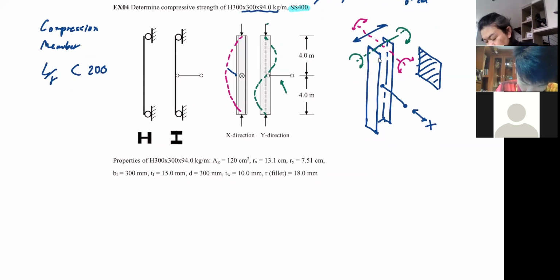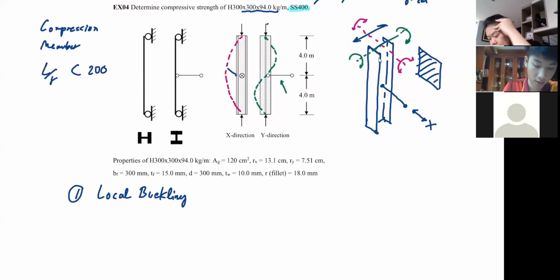Okay, so the first one is of course local buckling. Now please keep in mind that when we do the work, you must use the actual size of the member.